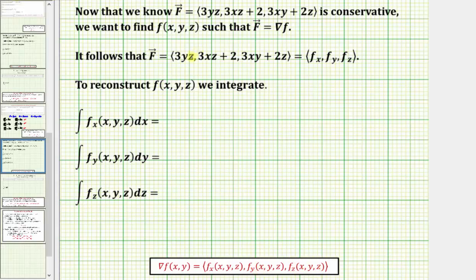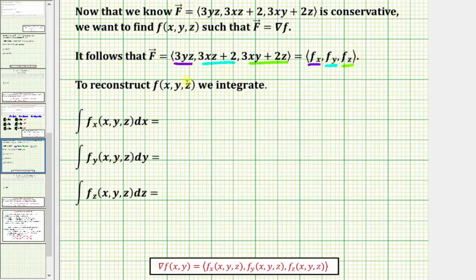Which means 3yz must be equal to the partial of f with respect to x, 3xz plus 2 must be equal to the partial of f with respect to y, and finally 3xy plus 2z must be equal to the partial of f with respect to z.